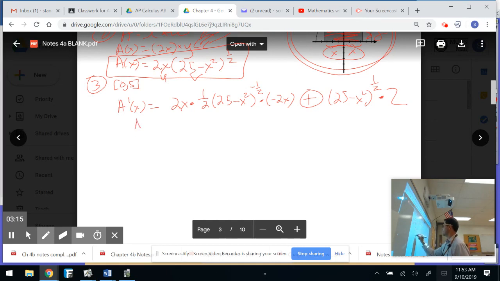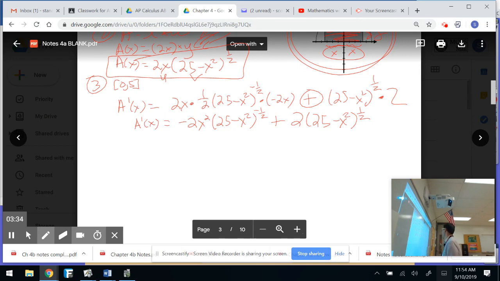Now let's clean this up before we do work. Ooh, I get a negative 2x squared times the quantity 25 minus x squared to the negative 1/2, plus 2 times 25 minus x squared to the 1/2.